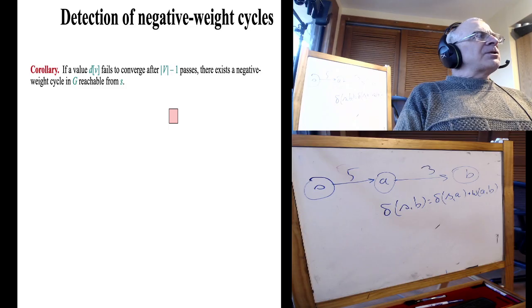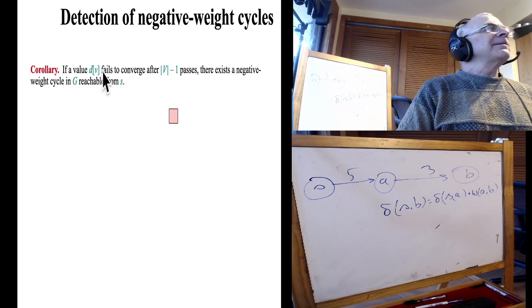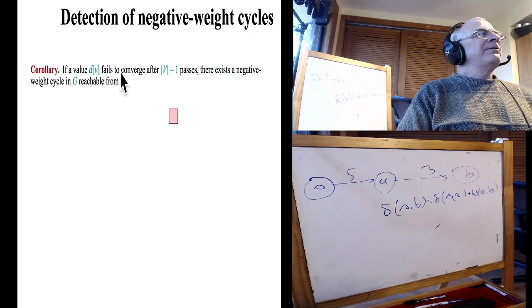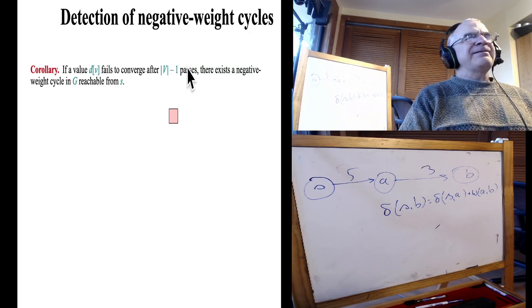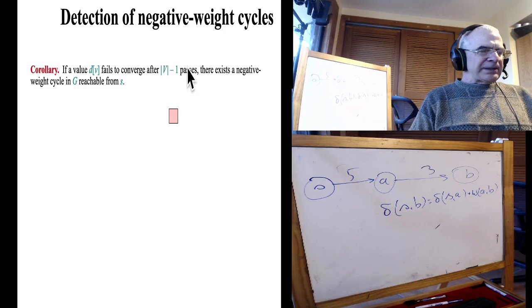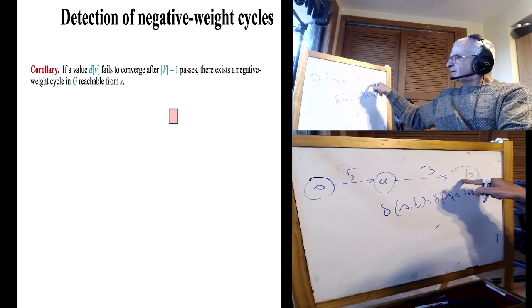Okay, so corollary: if d of v fails to converge after V minus 1 passes, why V minus 1? Well, look at any path in the graph.